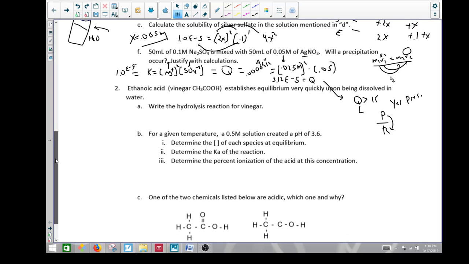Okay, ethanoic acid. Vinegar, there it is, establishes an equilibrium very quickly upon dissolving in water. Write the hydrolysis reaction for vinegar.